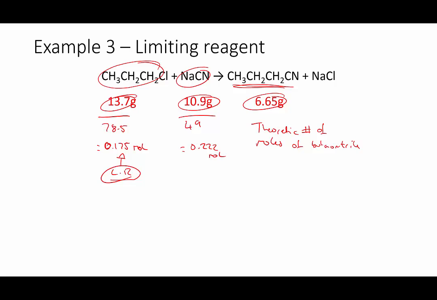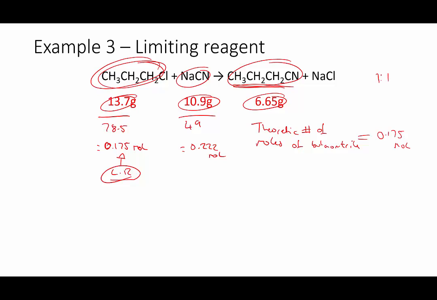Let's have a look at the stoichiometry between 1-chloropropane and butanenitrile. It's 1:1. Therefore, we've got the same number of moles as the limiting reagent. Remember, the limiting reagent limits the number of moles of product we can actually form. That is the maximum moles of butanenitrile we can make.